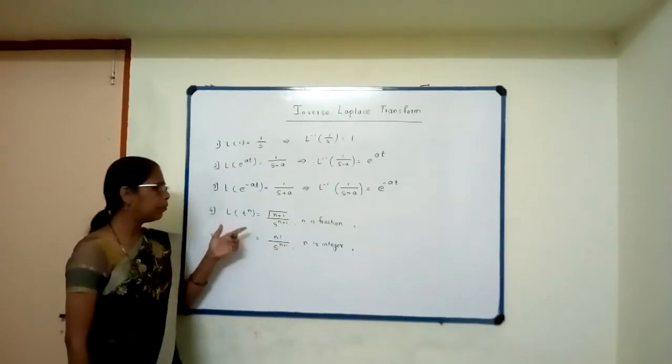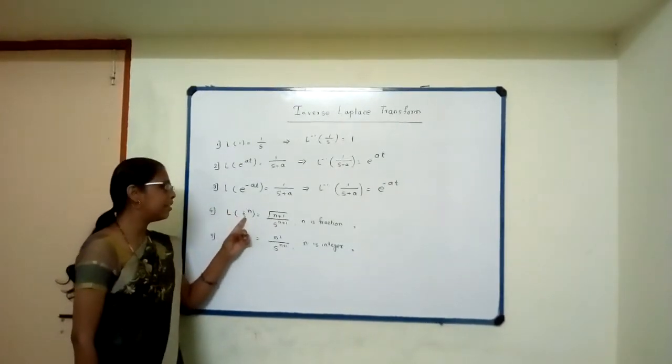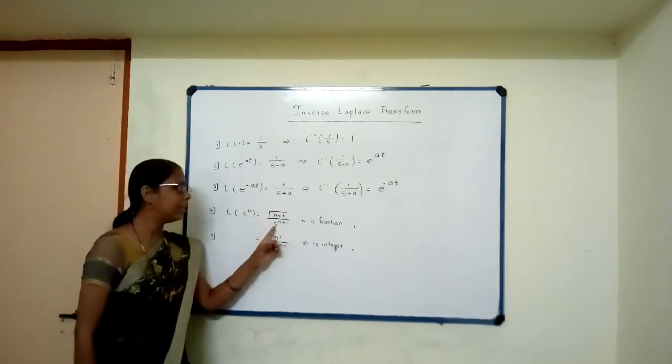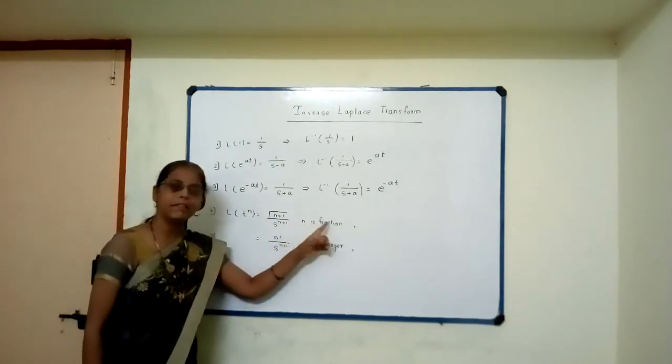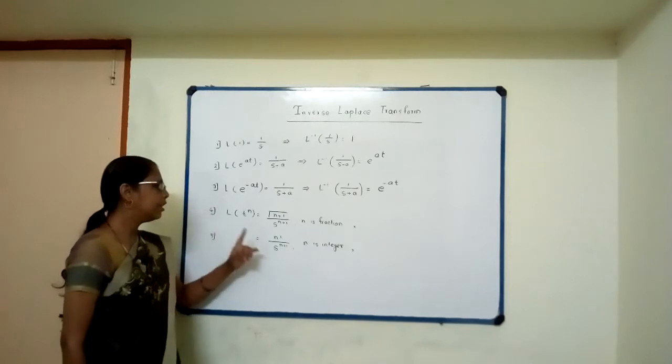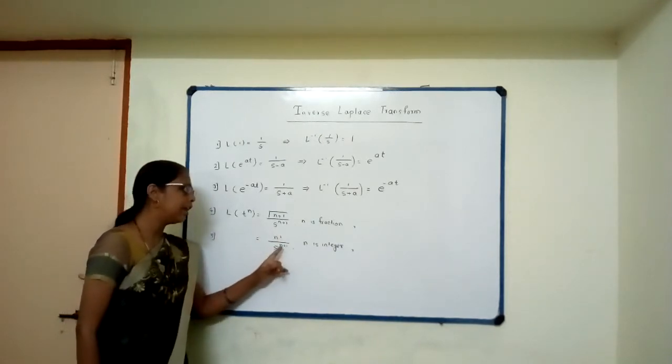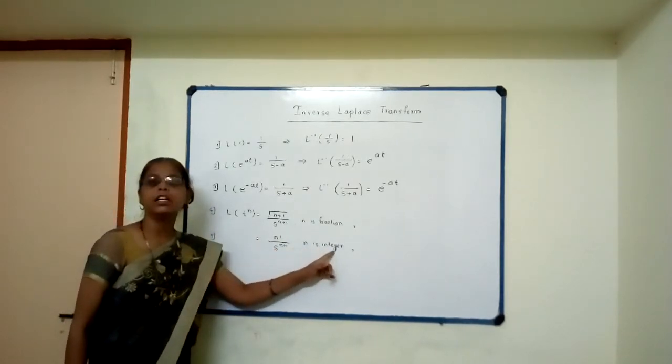We have the fourth formula: Laplace transform of t raised to n is gamma n plus 1 upon s raised to n plus 1 when n is a fraction, and fifth is n factorial upon s raised to n plus 1 when n is an integer.